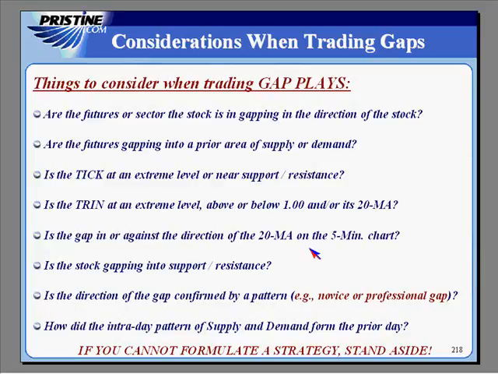Is it gapping after a pullback and a reversal, or after being extended and gapping from that, versus prices having run up multiple bars in a row and then gapping higher from that on the daily chart? That's a novice gap, or a gap down after multiple bars moving lower.